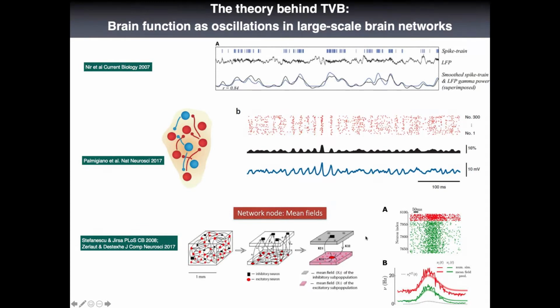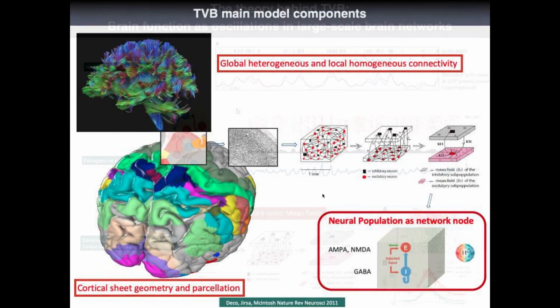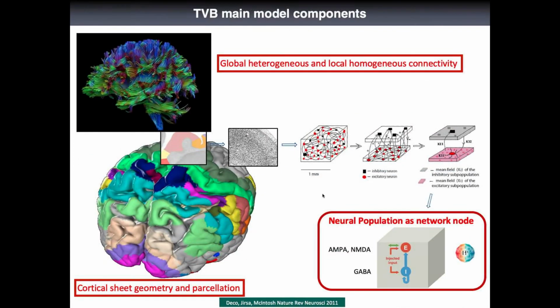For instance, here in another instance of a model we're going to see later on, we see a population of neurons spiking and the mean activity, which is like a smooth curve. So this is exactly the level of description that gives rise to the observations we have from the brain, and therefore this is the computational unit of TVB.